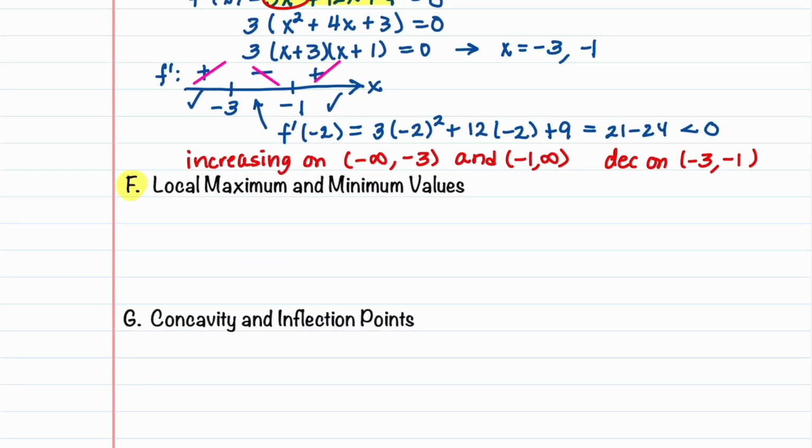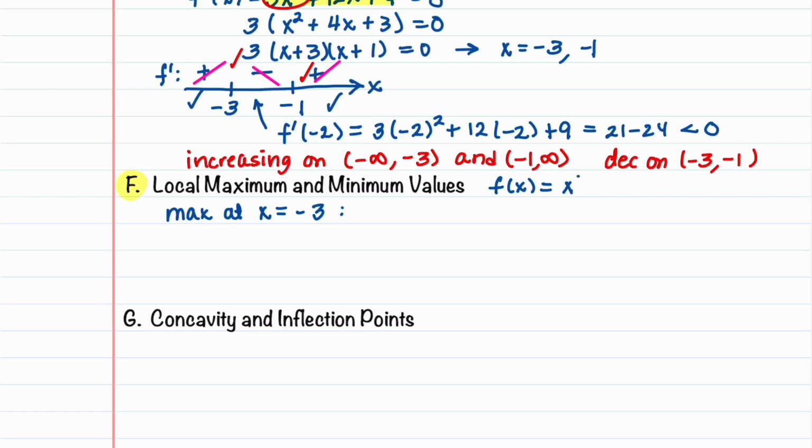Let's now look at where our function may have a local max or min value. Based on the number line that we just drew, you can see that we are going to have a max at x is equal to minus 3, and then a min at x is equal to minus 1. So let's say we're going to have a max at x is equal to minus 3, and then we have to find what this maximum value is equal to. So I am going to go ahead and rewrite our function because we're going to need this.